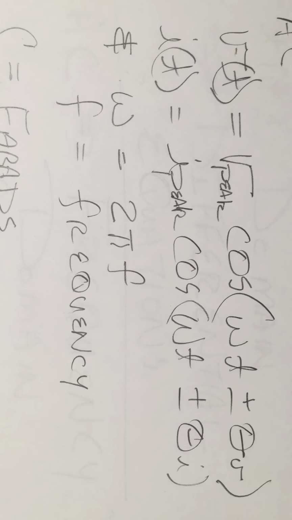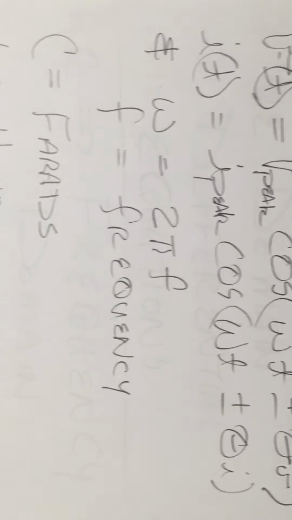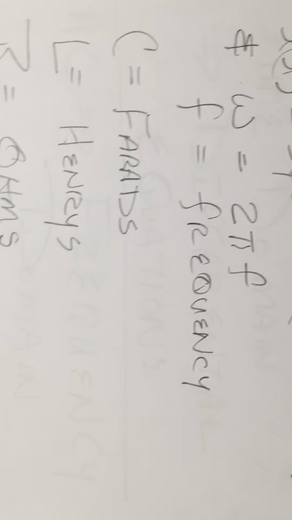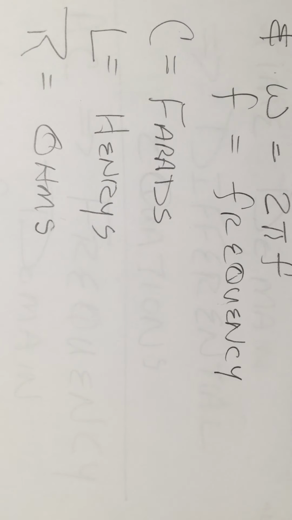Also, so far we've looked at capacitors and their value is farads. We've also looked at inductors and their value was henries. And we've looked at resistors and their values were always in ohms.